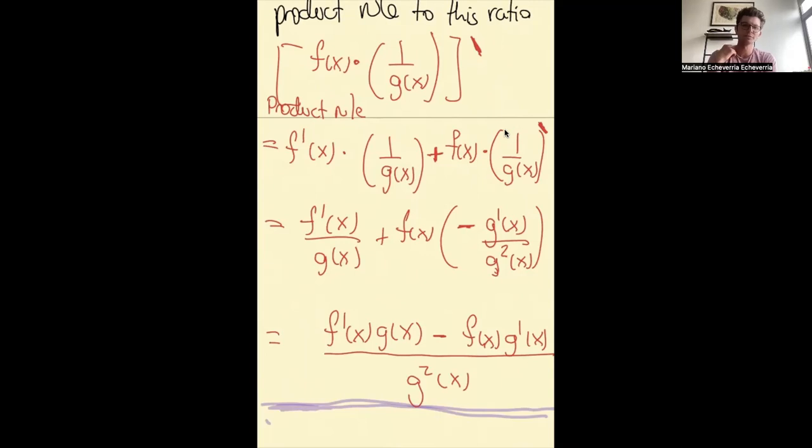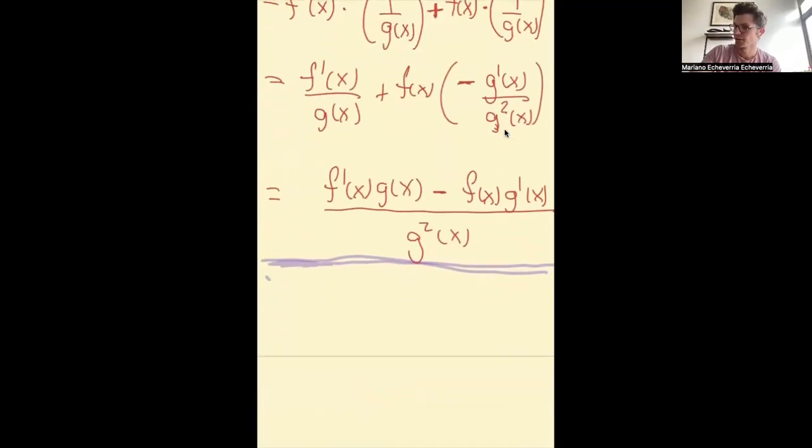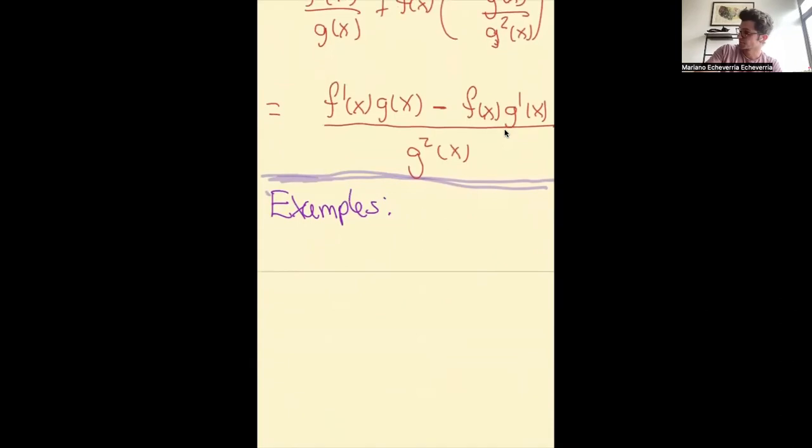Okay, let's do a couple of examples with the quotient rule. Again, I'll do the first one and maybe let you work out the second one, like the other two. So let me do one for you.